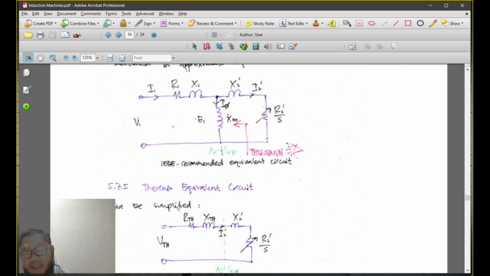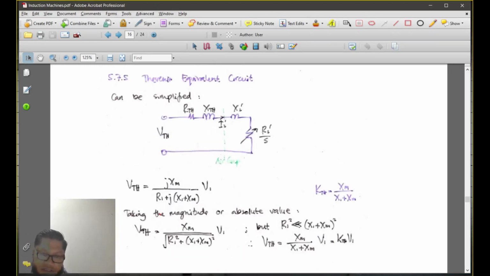If you want to get the VTH, it is the voltage drop across that, so you apply the voltage divider rule and you'll be able to get the voltage across the terminal here. That is your VTH, multiplied by V1.